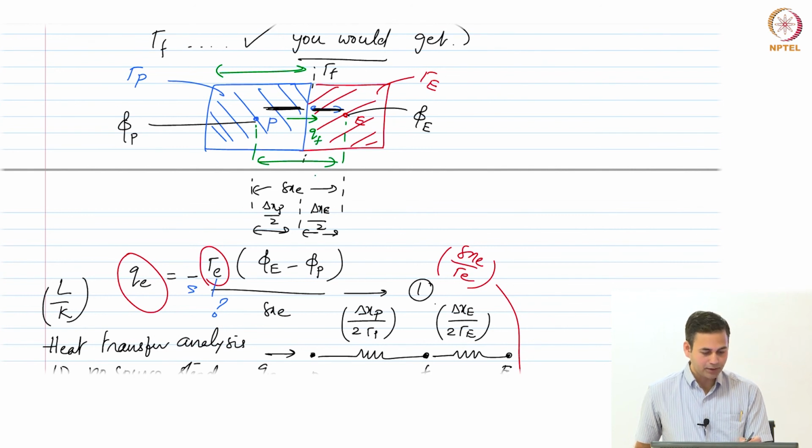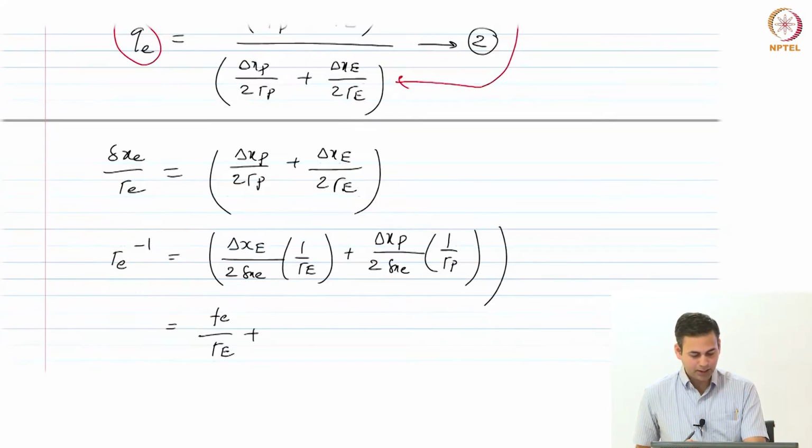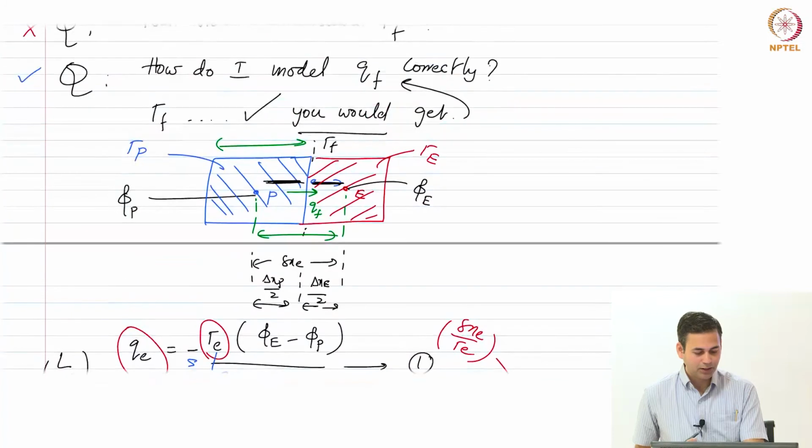Can I write delta XP plus, essentially I want to calculate what is delta XP. Can I write it as 2 times delta XE minus delta XE, right. Essentially I want to add this part and then subtract off the delta XE. Can I do that to get the delta XP? Yes or no?